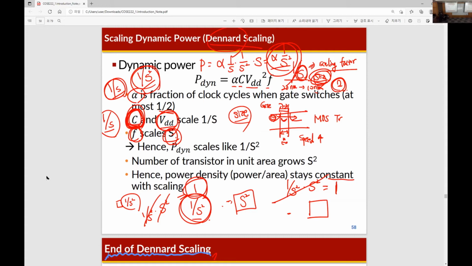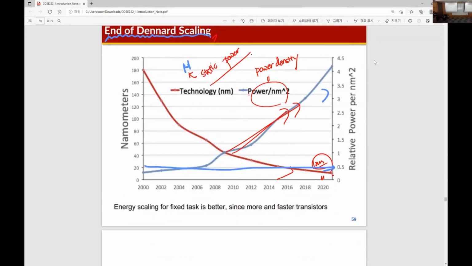So without investing more power, we can improve the performance of a processor. That is Dennard scaling. But okay, the problem is that Dennard scaling actually ended.